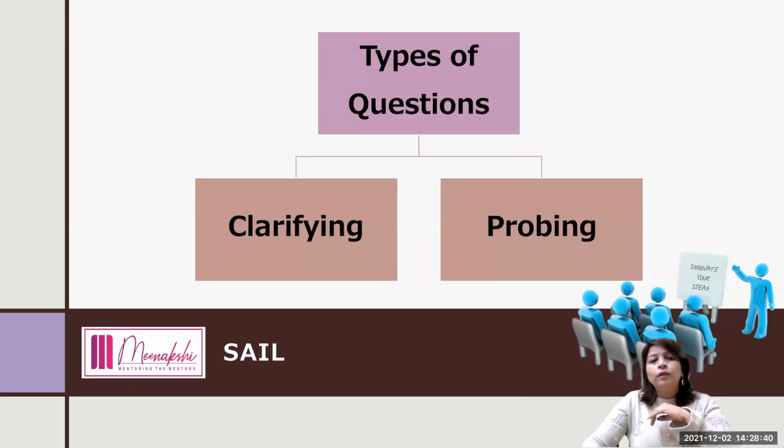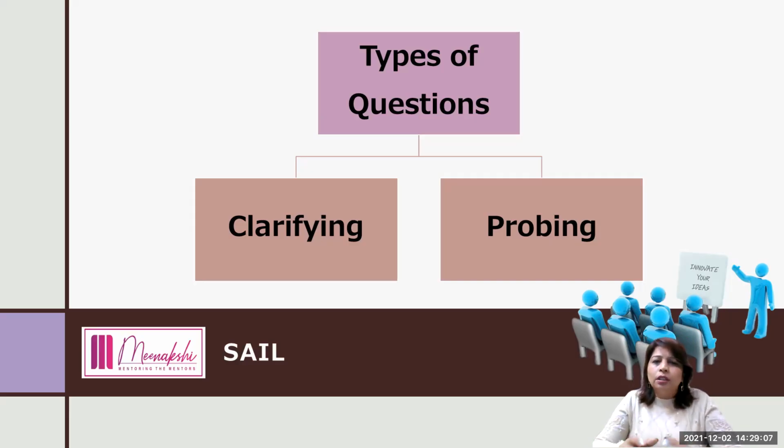See, clarifying questions are asked for the benefit of the questioner, right? As an audience, I want to know more information about the project that is being shared, that is being discussed by the presenter. So these kinds of questions provide background information and context to help the questioner better understand the situation, right?